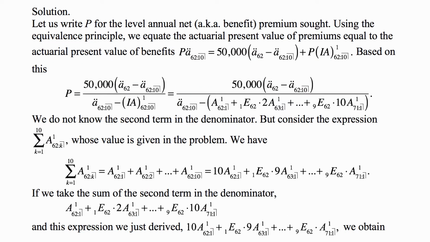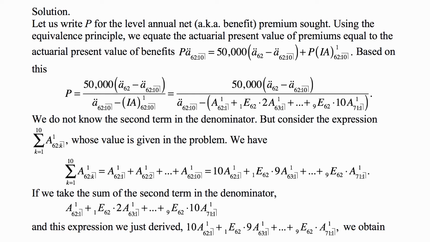And here's the solution. Let us write P for the level annual net or benefit premium sought. Using the equivalence principle, we write the actuarial present value of premiums equal to the actuarial present value of benefits. So P A double dot 62 colon angle 10. That's the actuarial present value of the premiums. It's equal to 50,000 times the deferred by 10 years life annuity due, so you can write it as A double dot 62 minus A double dot 62 colon angle 10.